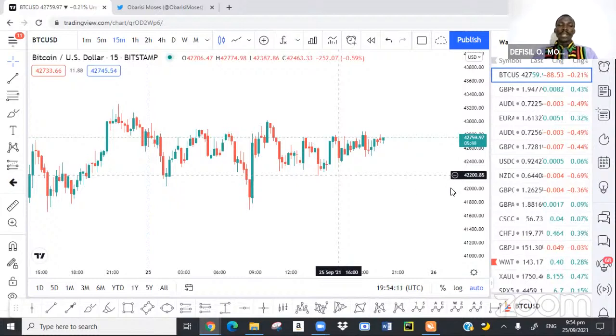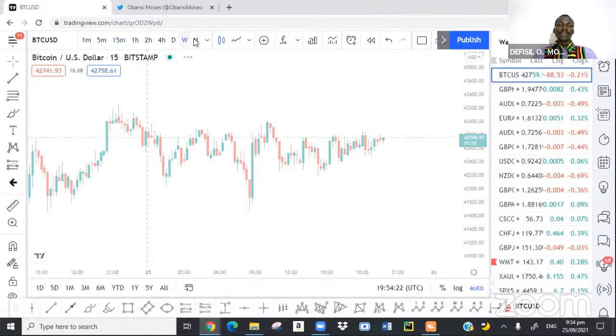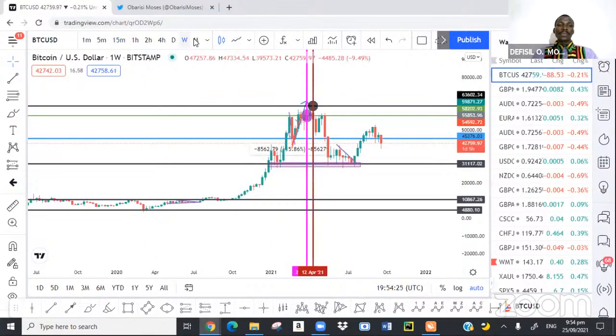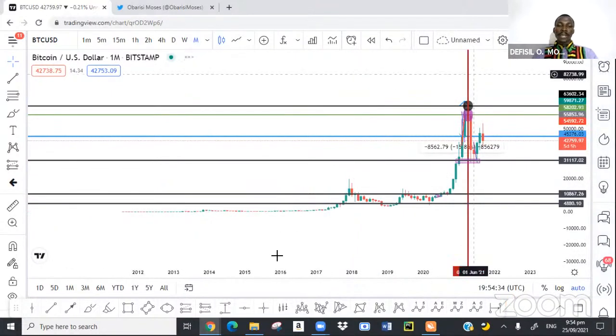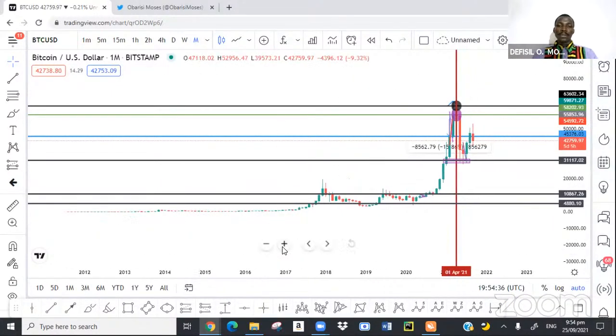Let's look at BTC USD. That's the cryptos. For those who trade cryptos, let's just see what we can do for them. Let's start from the monthly time frame. Okay, this is the monthly time frame of Bitcoin.